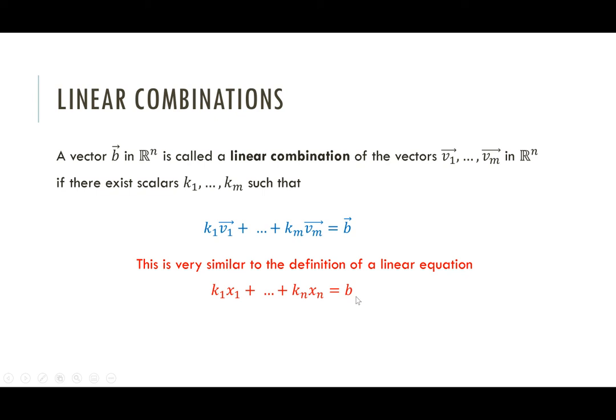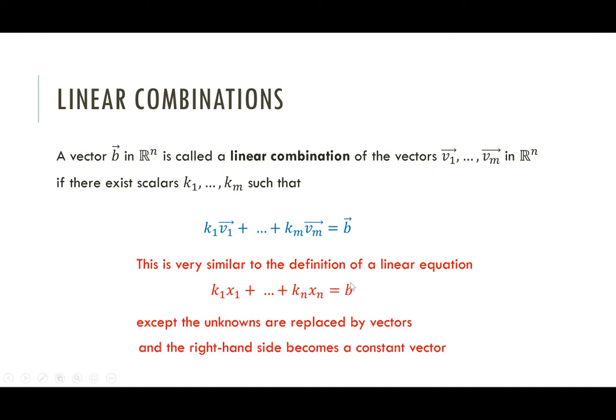In form, these look pretty similar. It's just that the unknowns in the linear equation are replaced by vectors for the linear combination, and the right-hand side, instead of being a constant number, is just a constant vector. This is one reason why we call something like this a linear combination, because it's reminiscent of the linear equation.